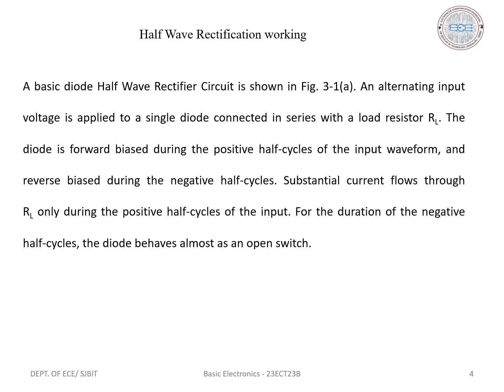During the negative half cycle of input voltage, end A becomes negative with respect to end B. Hence the diode is reverse biased and no current flows in the circuit. Therefore, current flows through the diode during the positive half cycle of input AC voltage only, and it is blocked during the negative half cycle.